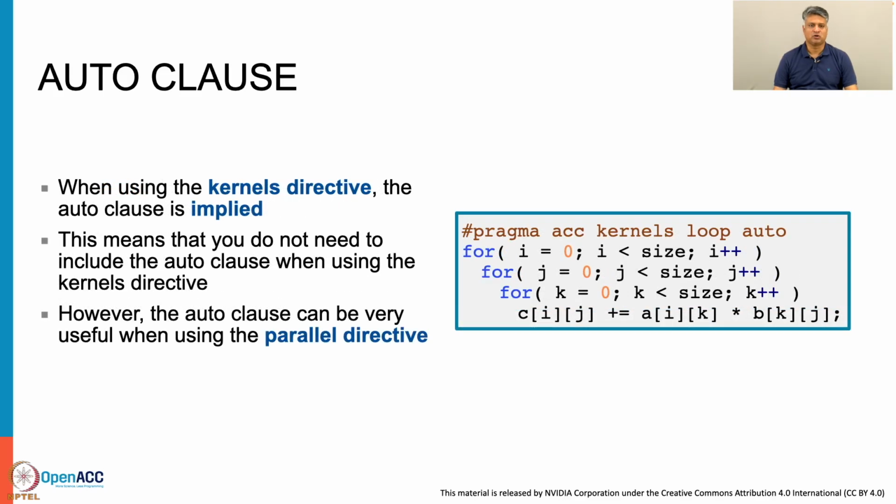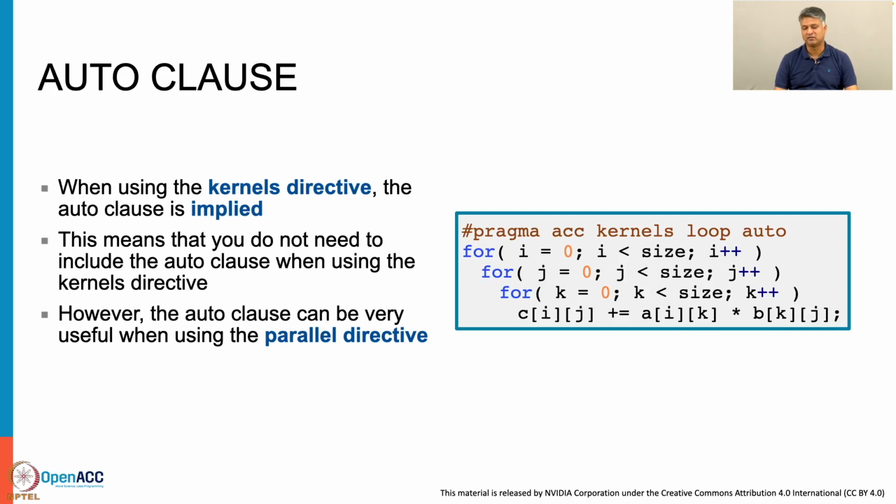You can use the auto clause with the kernels directive, but when you use the kernels directive, the auto clause is already implied. That means if you choose to use the kernels directive instead of the parallel directive, you do not need to use the auto clause.